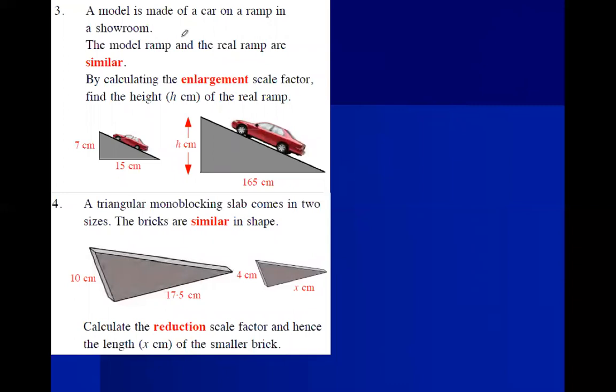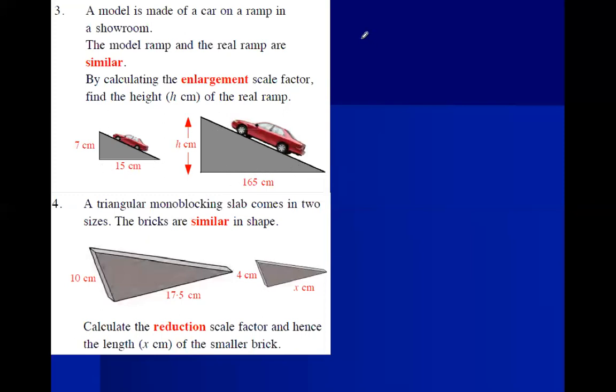So I've got a model of a car on a ramp in a showroom. We've been told that the ramps are similar. By calculating the ESF, find the height. So for ESF, what I said was we go from big divided by small. So the two sides that correspond are that long side here, 165 and 15.